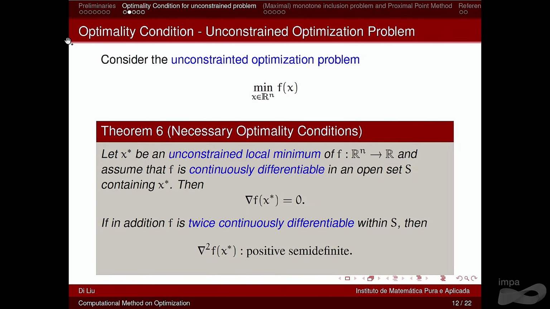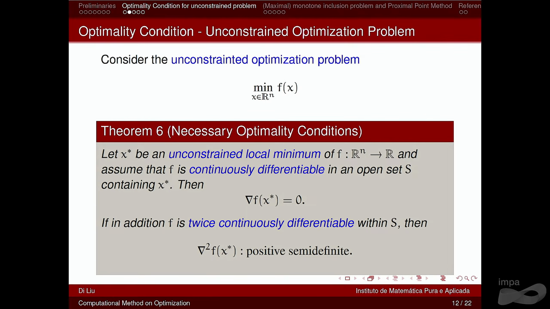Okay, you don't need to, in each iteration, actually in any case, consider whether your point is feasible or not feasible. Before we go to the specific algorithms, first we study the optimality condition. Here we mainly study the necessary optimality condition, okay?